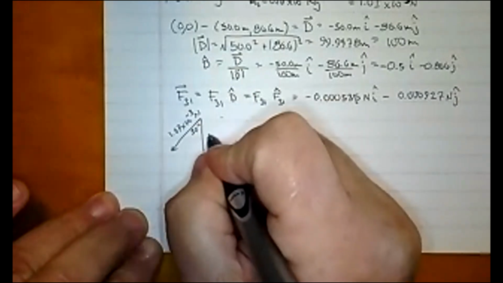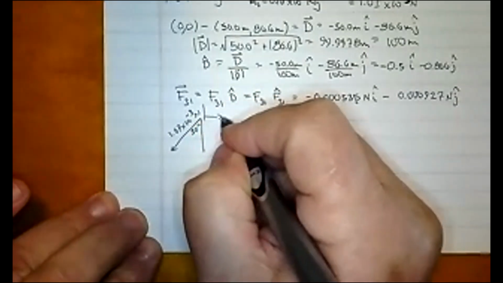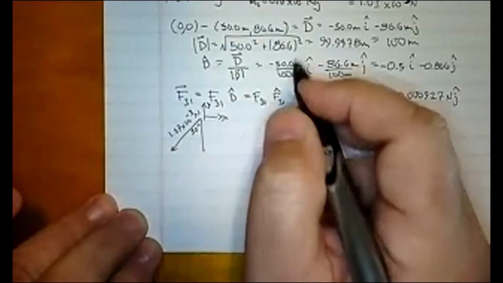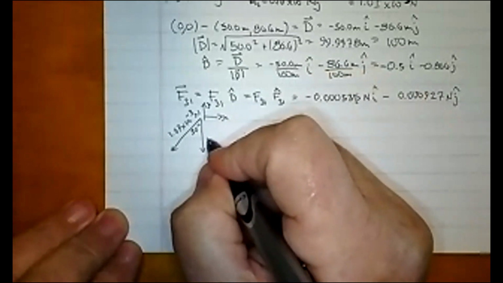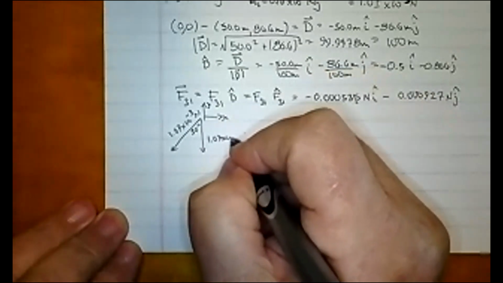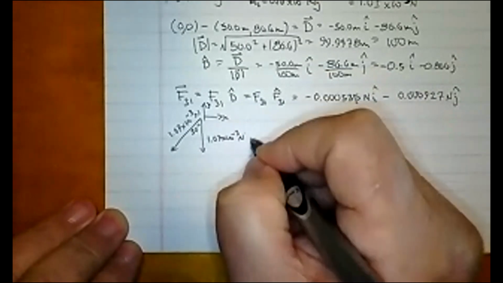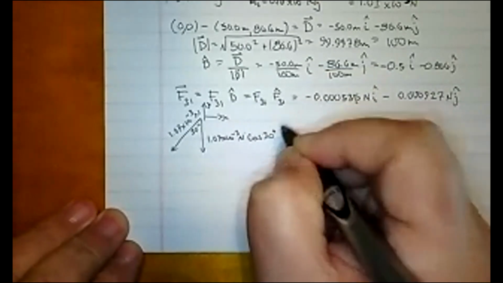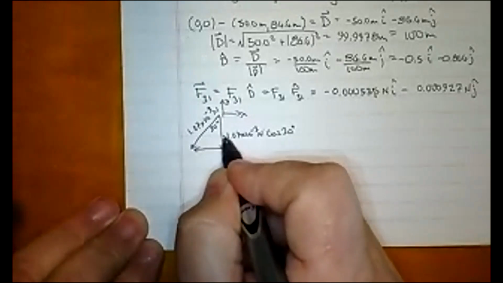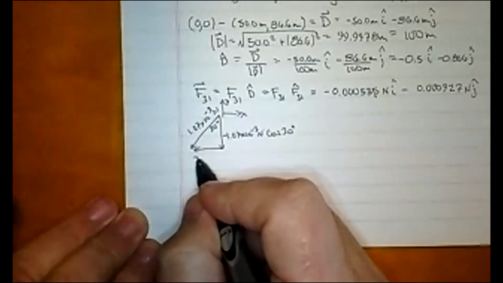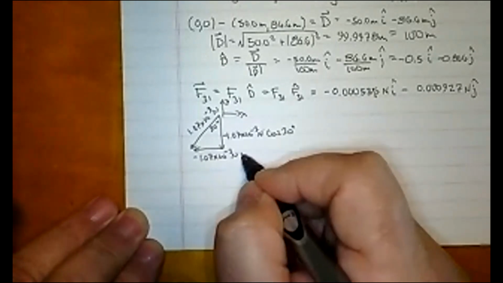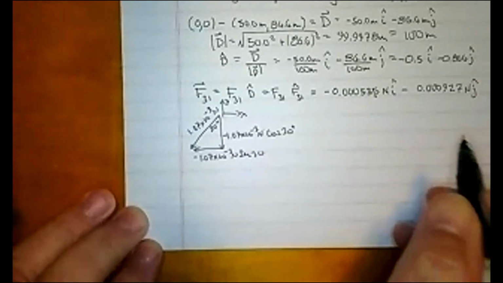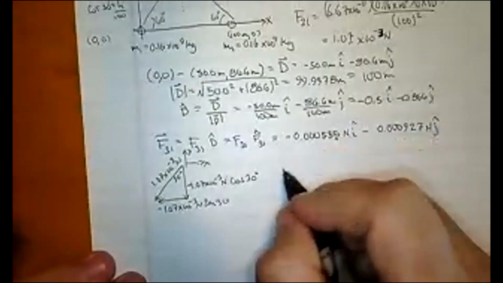Remember I said up is the positive y direction and right is the positive x direction, so this would be 1.07 times 10 to the negative third newtons times the cosine 30 degrees, and it has a negative in front of it. And this would also be negative 1.07 times 10 to the negative third newtons times the sine of 30. When I do that, guess what I get?